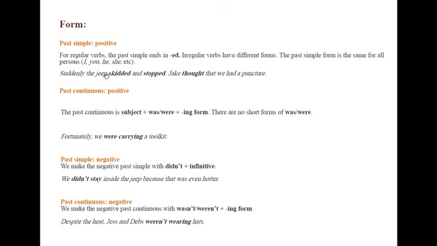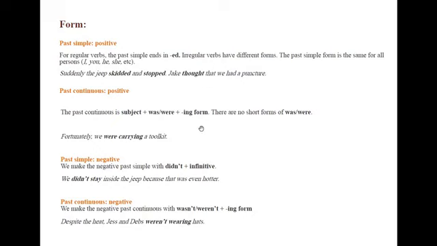That's the positive form of the past simple. But we also have the past continuous, the positive form. The past continuous is subject plus was, were, plus ing, same as in the present continuous tense. But the difference is in the present continuous we have is, are, but in the past continuous we will have was, were.